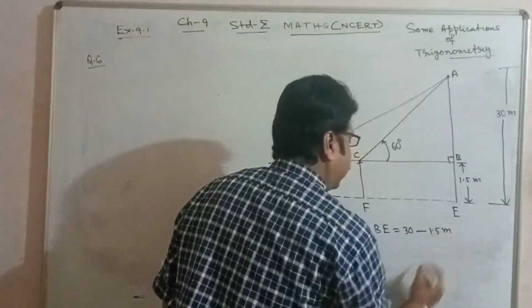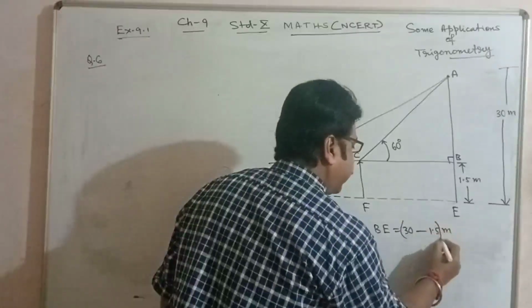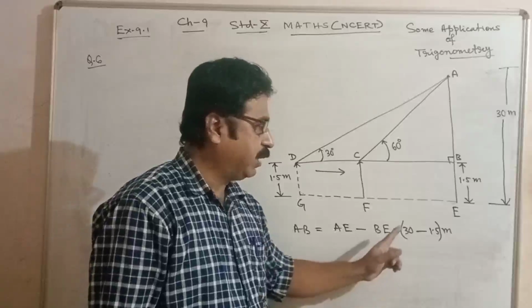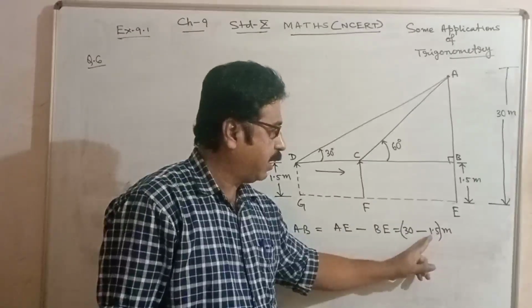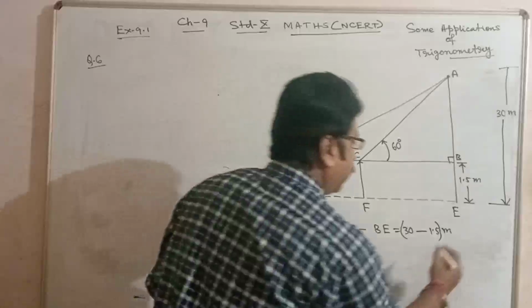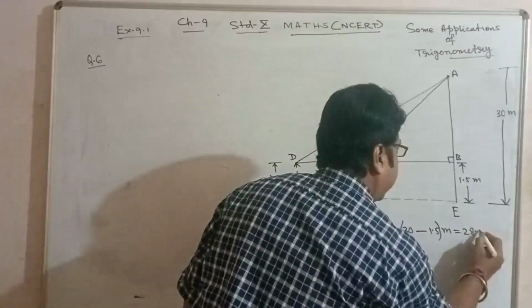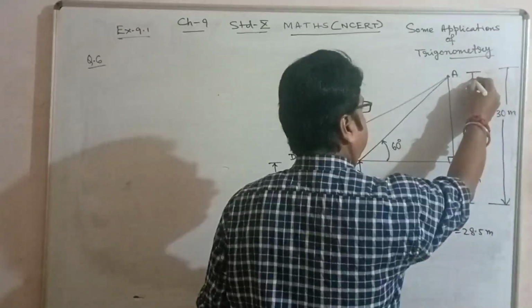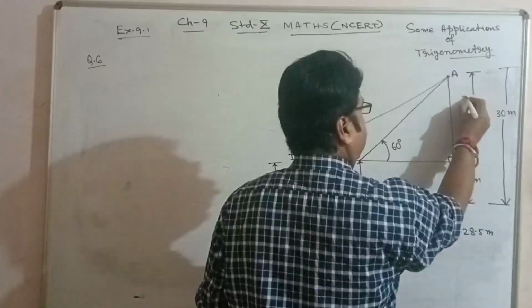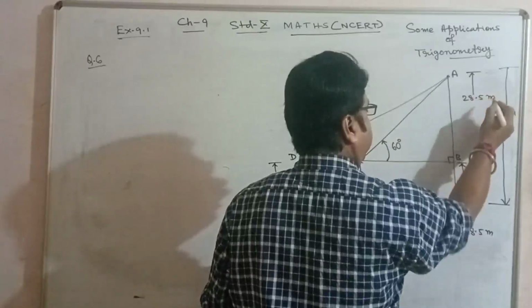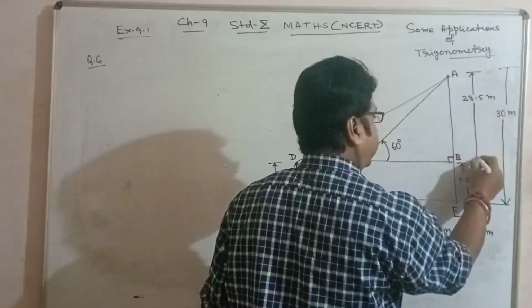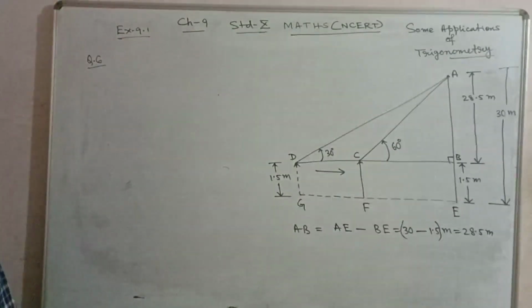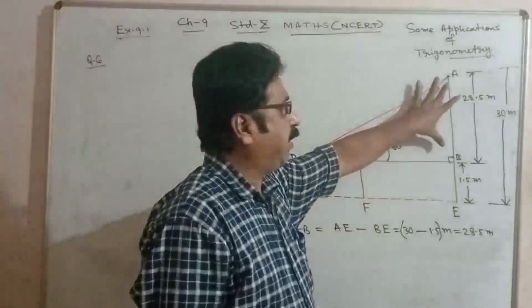If we subtract, 30 minus 1.5 is 28.5, because 28.5 plus 0.5 is 29, plus 1 is 30. It will be 28.5 meter. So this much length is 28.5 meter. AB is known, 28.5.